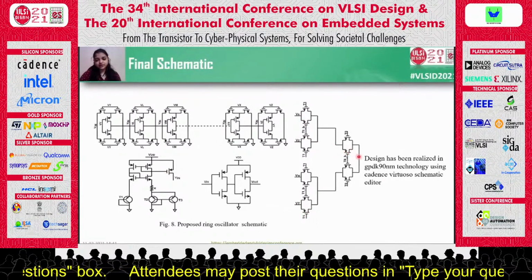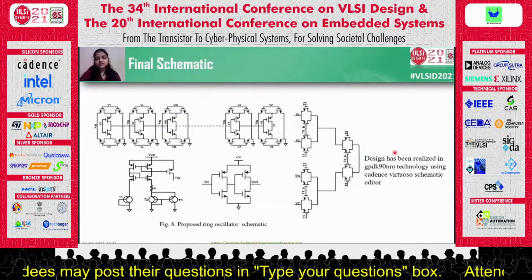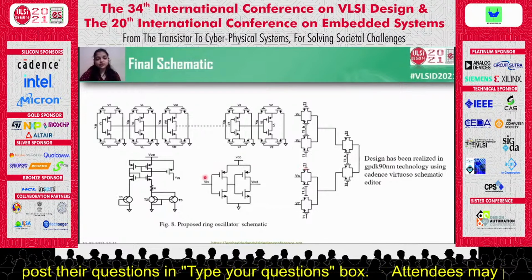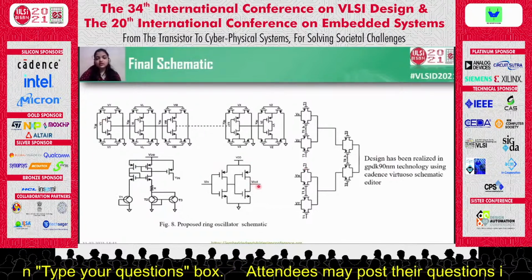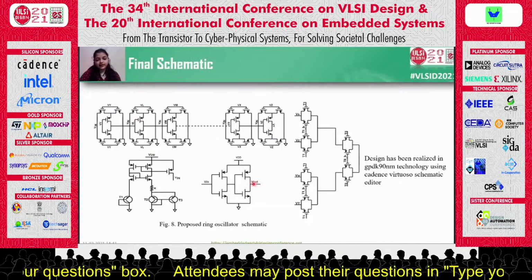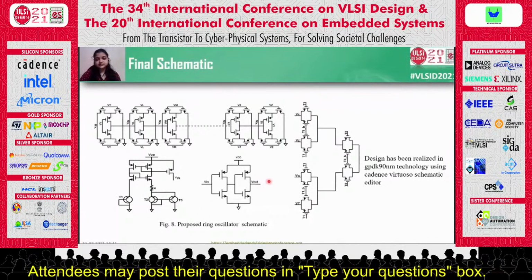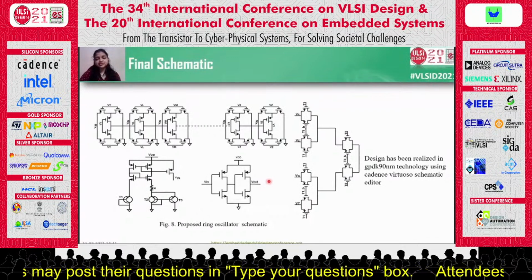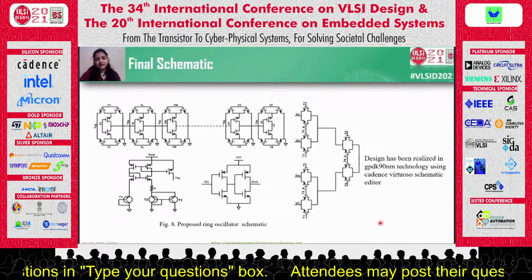From the mux, the input is fed to the buffer, which is the output of the multiplexer, which also goes as the input of the stacked inverter chain. We can see the oscillator output at this point, that is the output of the buffer. This design has been realized in GPDK 90 nanometer technology using Cadence Virtuoso schematic editor.